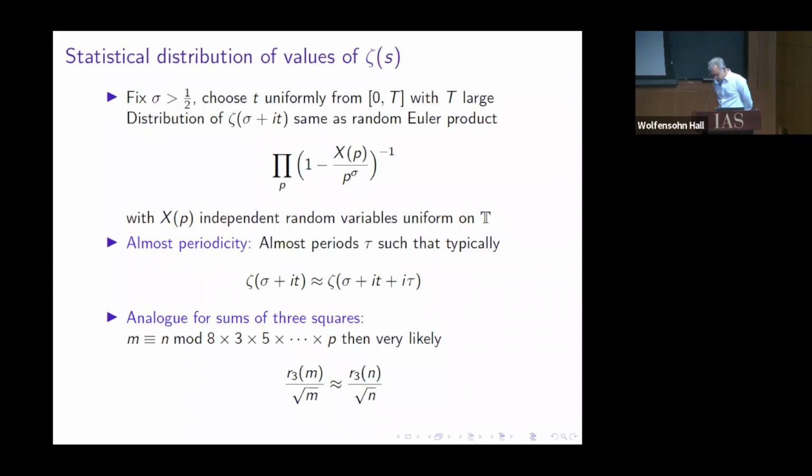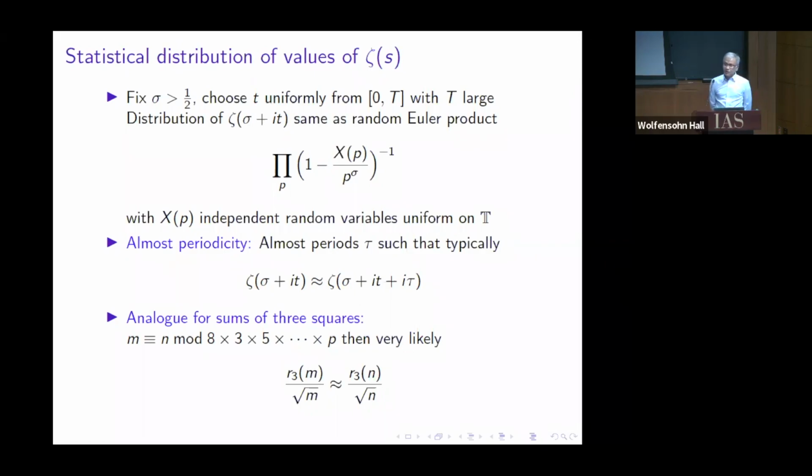If you ask similar questions about the zeta function, you have pretty much the same picture if you are working away from the half line. So if you take zeta of σ + it, and σ is fixed bigger than half, and you want to understand statistically how this behaves as t varies, then the zeta function behaves roughly the same as a random Euler product, where these random variables X_p now are uniform on the unit circle.